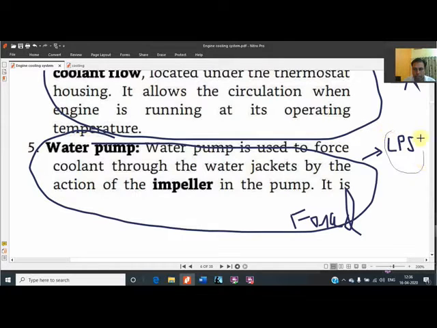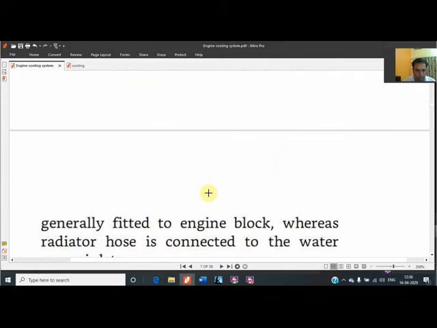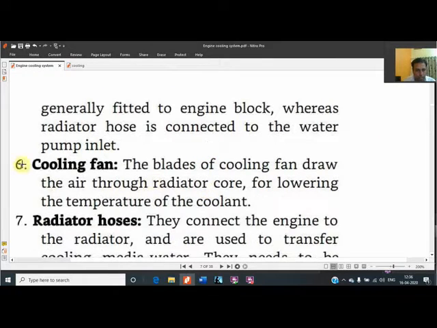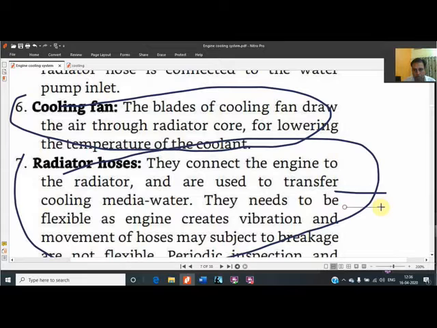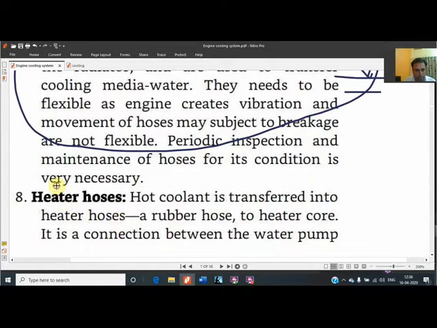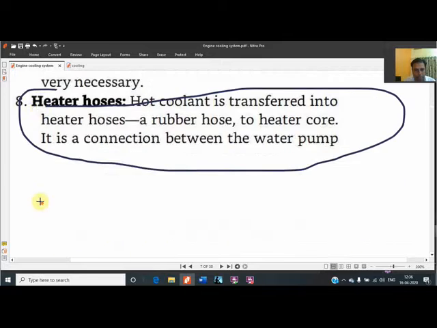Then only the demand of all the transmission and engine components will be fulfilled. That's why a water pump is generally required; it is a basic component. Cooling fan, this will be shown to you. Radiator hoses are the pipes used to carry the hot coolant. Heater hoses, because a certain amount of coolant is bypassed.